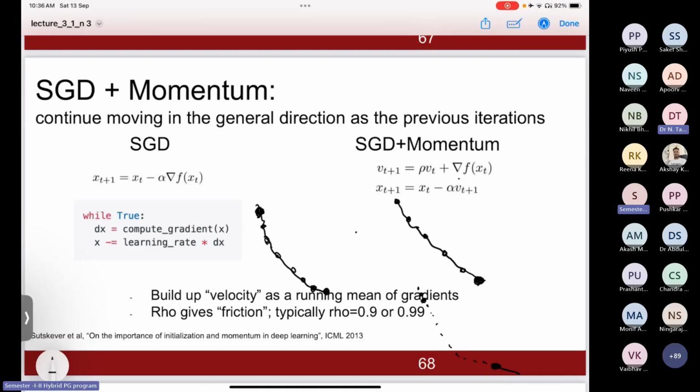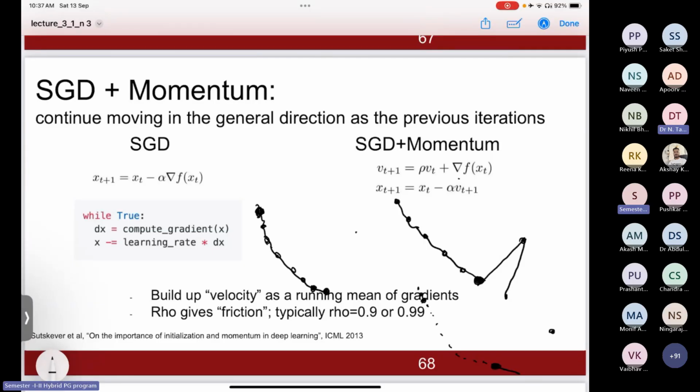Your goal was to reach here, but this will divert you in some other direction. Next time maybe you will have a good batch, and again it will try to get back on the original path, but it will take time. So your convergence will be slow due to the noisy batch.